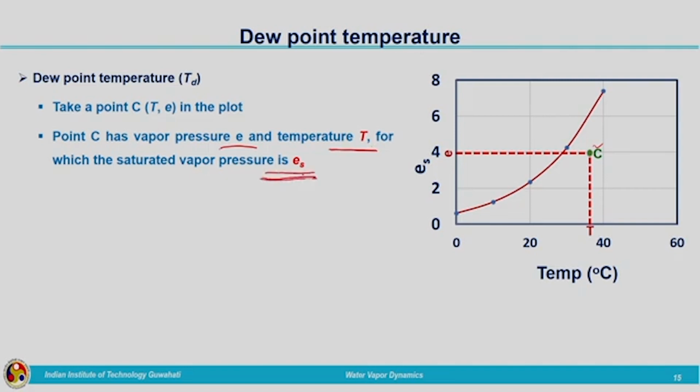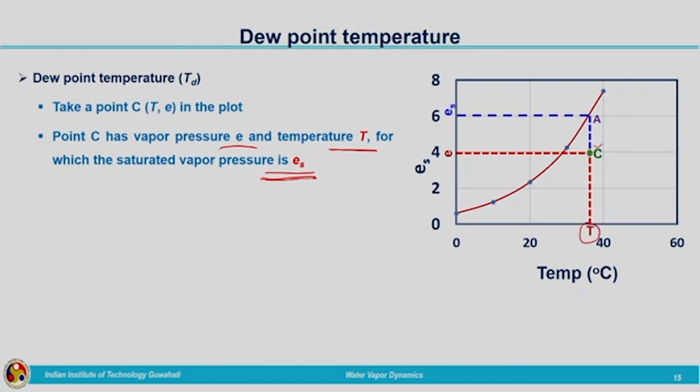How can we get that? That ES we get by projecting the perpendicular from the temperature onto the curve, then the corresponding ordinate gives the saturation vapor pressure corresponding to this temperature.